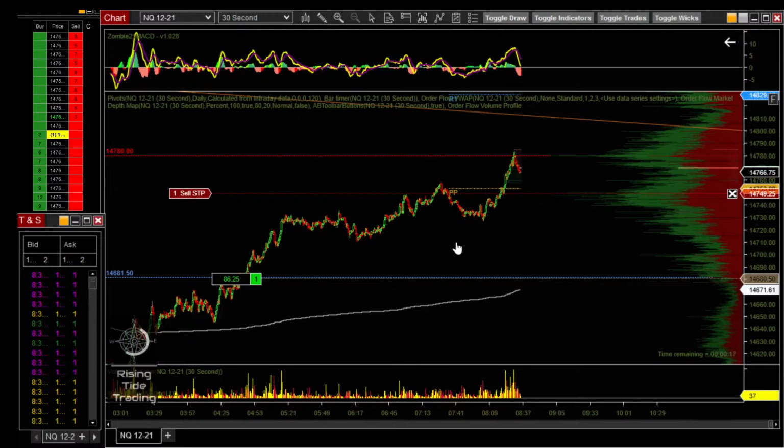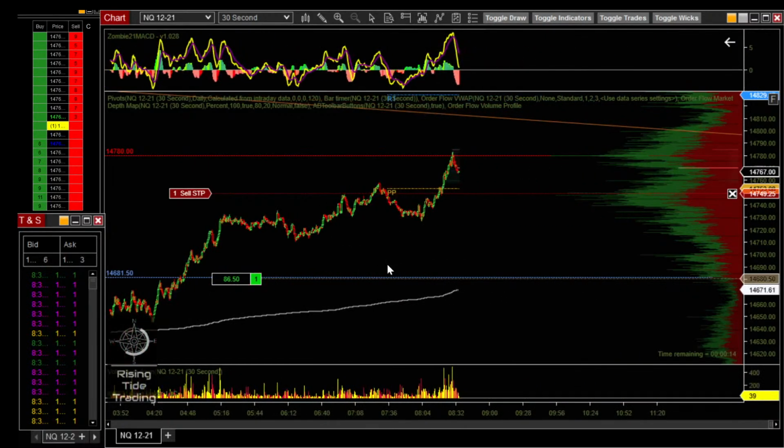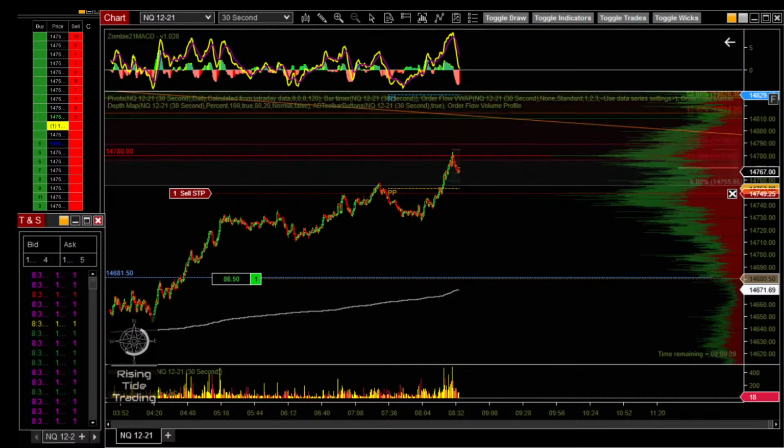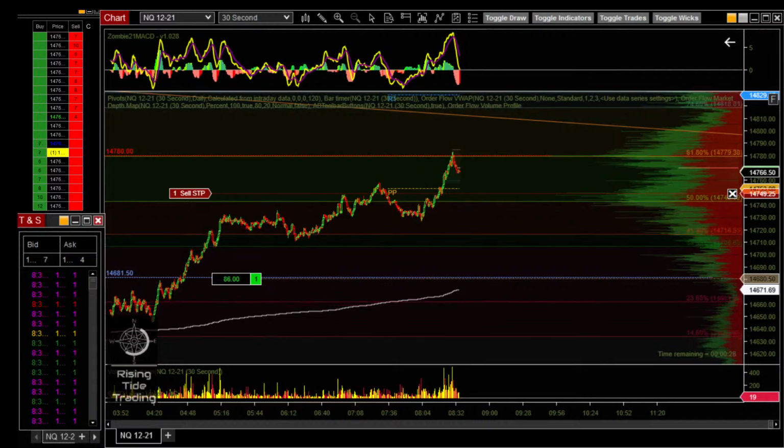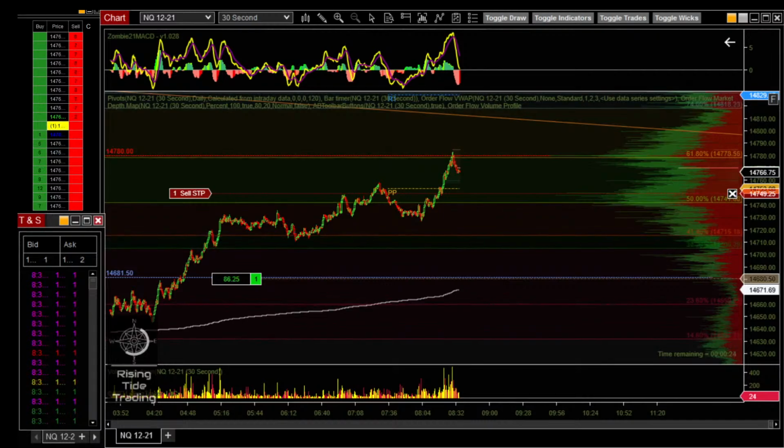Right now we have no entrance at all. We are just in the middle. From that big drop that we had, we are at almost 61% of that most recent one.